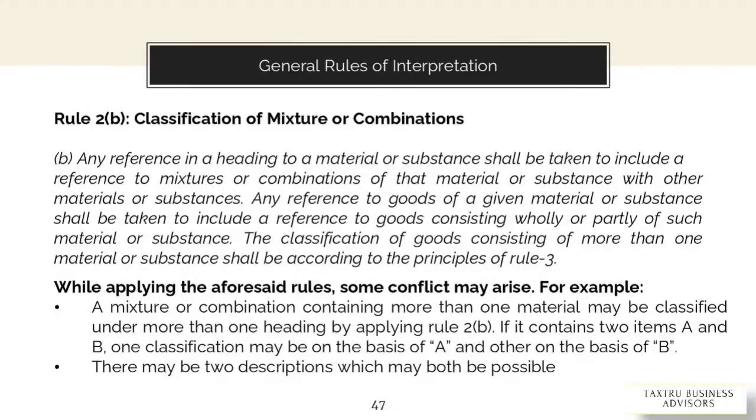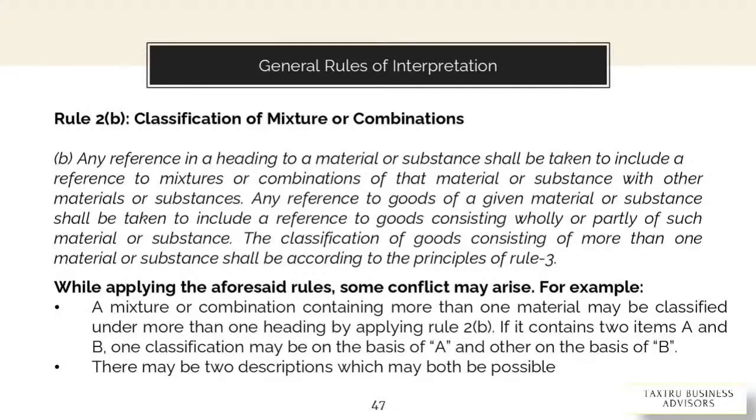If there is a combination of certain materials and substances, how will you decide the classification of a particular product? You will take the essential characteristic of the item which is a part of that mixture.